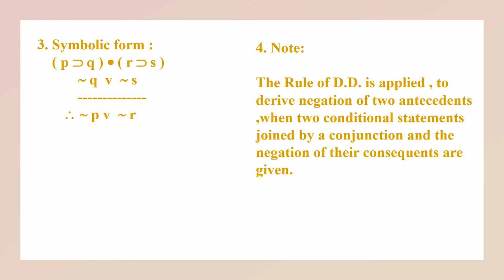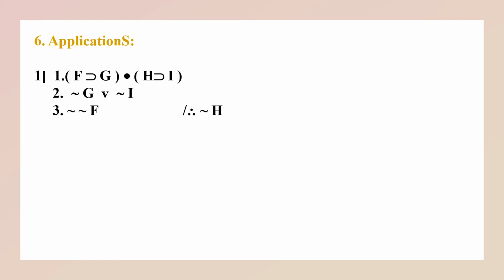Note that the rule of DD is applied to derive the negation of two antecedents when two conditional statements joined by a conjunction and the negation of their consequence are given. Come to the applications.